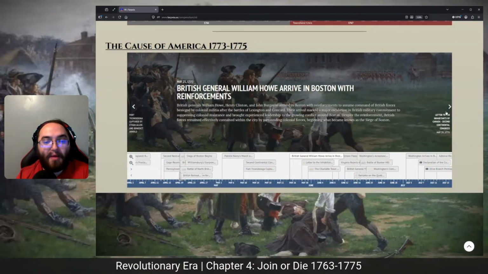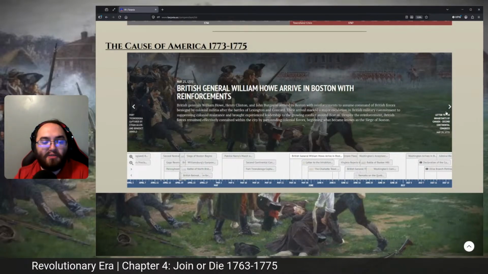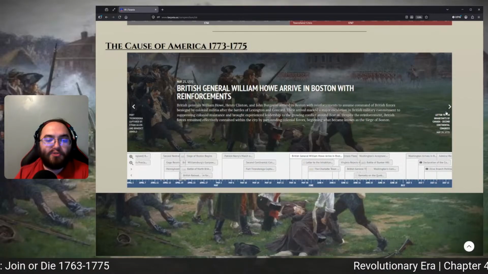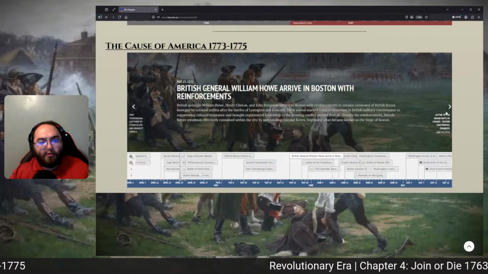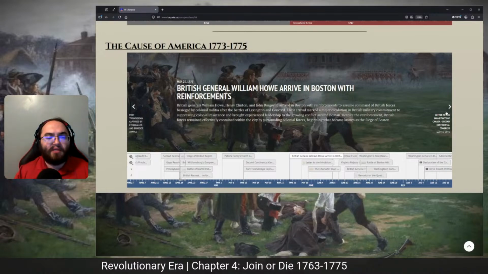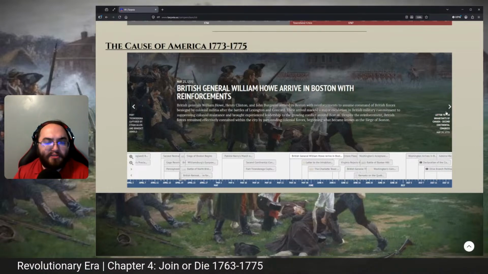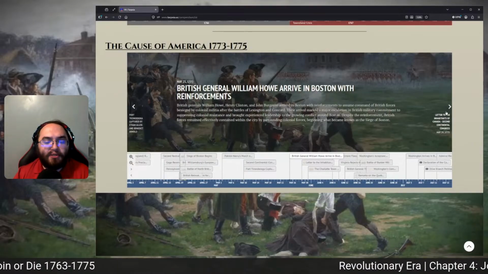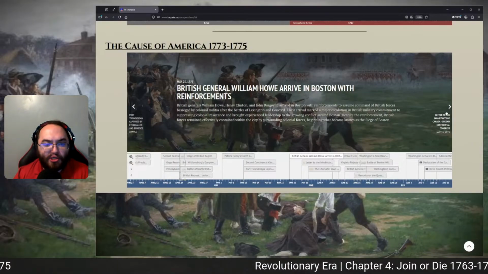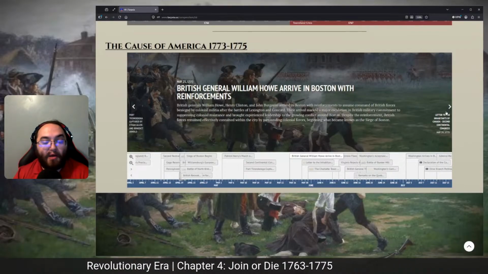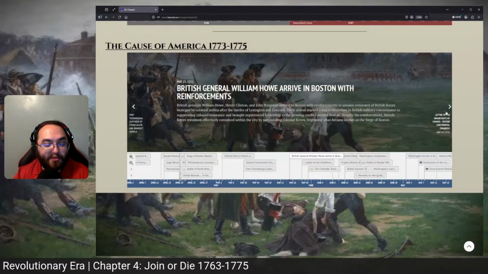British General William Howe arrives in Boston with reinforcements. William Howe will be the first commander of British forces of the American Revolution, and he is supported by his subordinates, Henry Clinton, John Burgoyne, and others. But these are the most important generals of the American Revolution. William Howe is the first commander in chief of British forces.